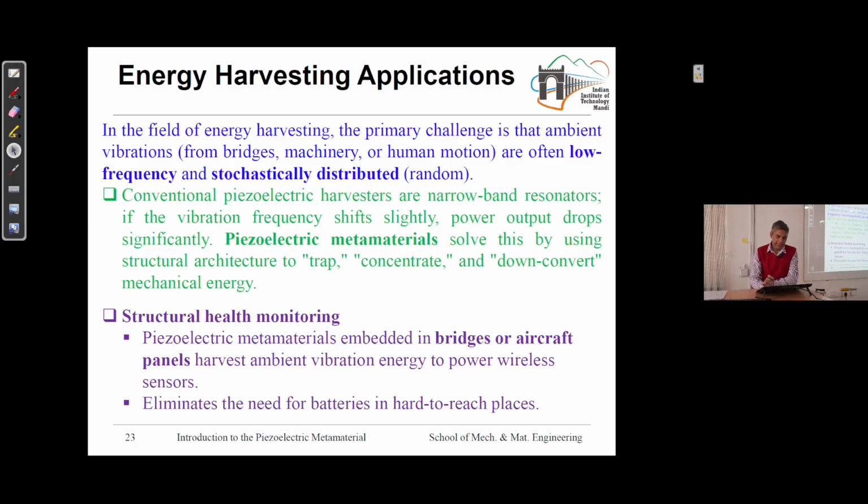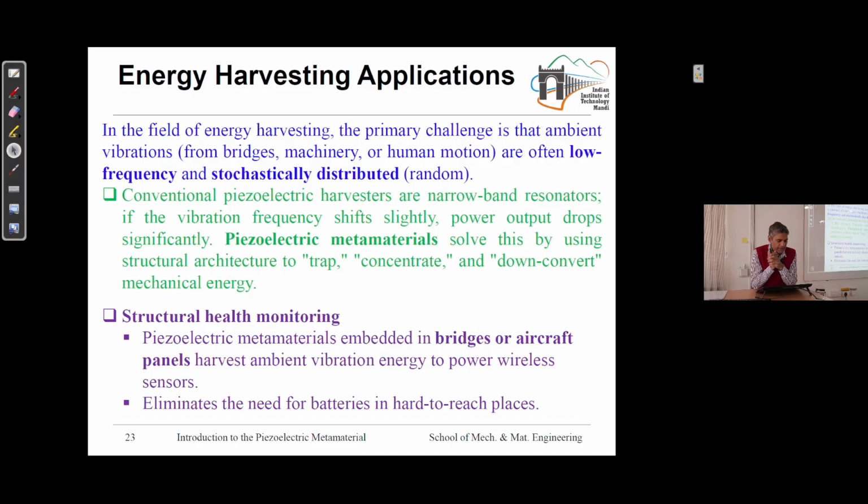Energy harvesting applications of the piezoelectric. In the field of energy harvesting, the primary challenge is that ambient vibrations are often low frequency and randomly distributed. Traditional piezoelectric materials have this problem because they do not behave properly at low vibrations, and these vibrations are random.